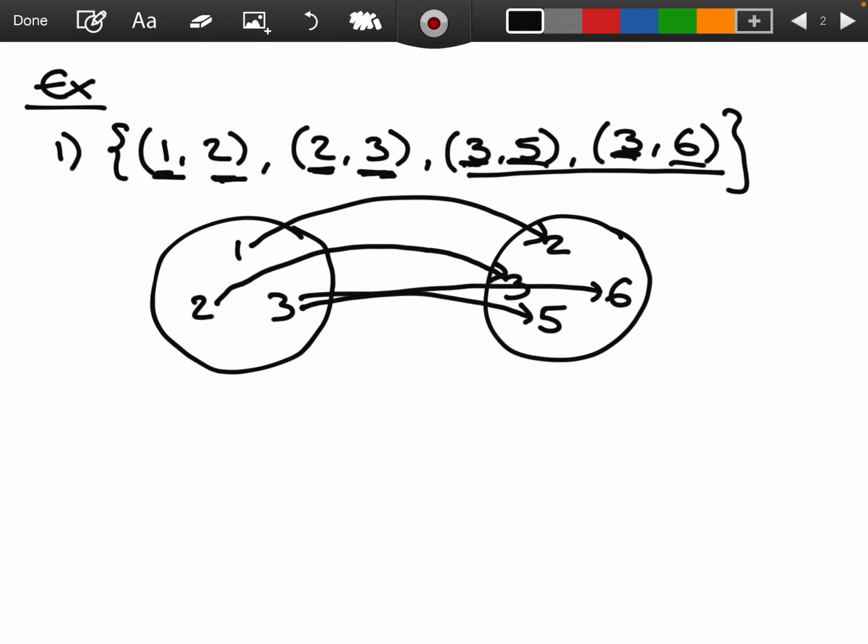And then it tells us that 3 in the domain maps to 5, and it also maps to 6. So I have one element in my domain that maps to 2 different elements in my codomain. Therefore, this does not represent a function.